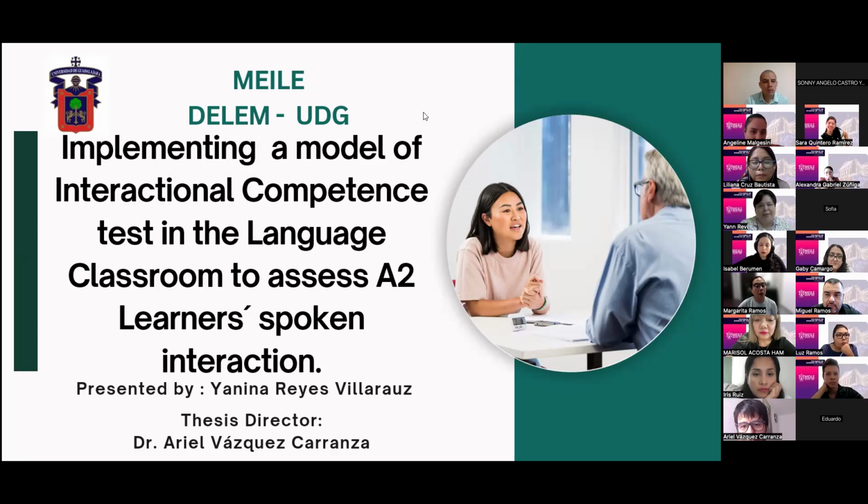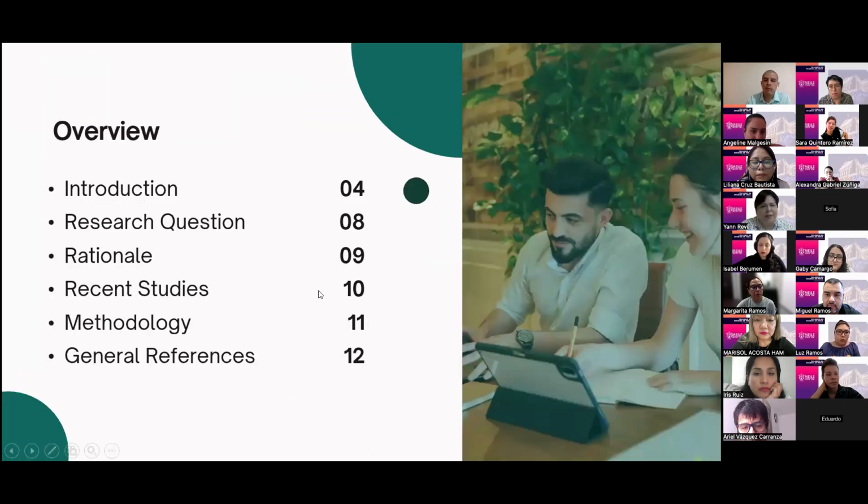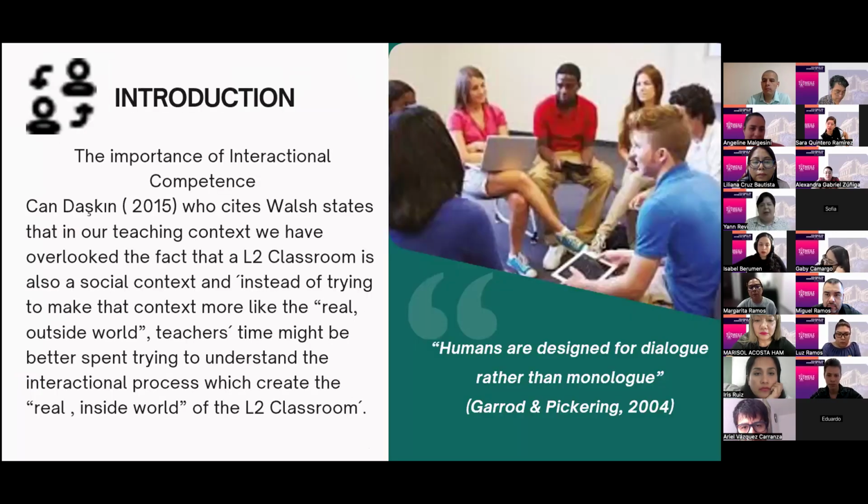And in this case, we have the overview. Well, this is what we're going to see in the following presentation. About the introduction, I would like to start with one specific quotation taken from Garrod and Pickering, because they especially focus on the following.